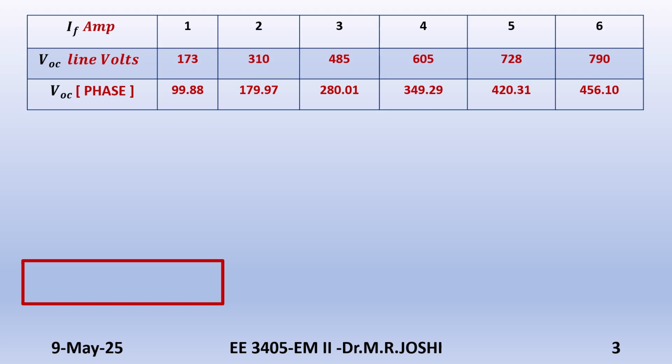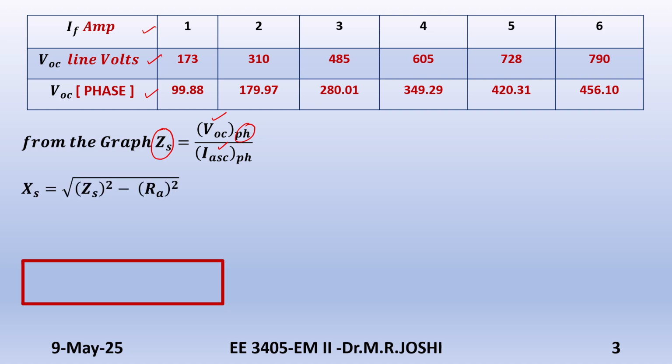As in the previous slide, we have seen how to convert the field current, line voltages and the corresponding phase voltage. Before plotting the graph, there are some basic details which have to be calculated. We'll see the formulas one by one. To calculate the synchronous impedance, VOC and ISC, all the data has to be expressed per phase.